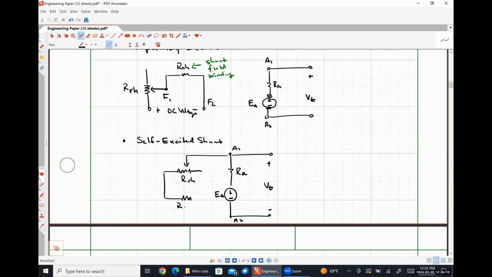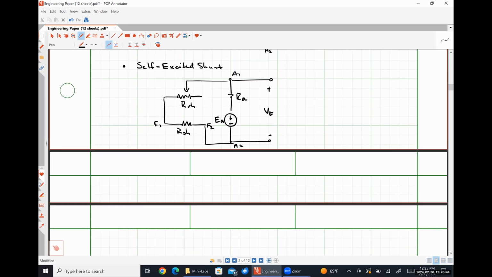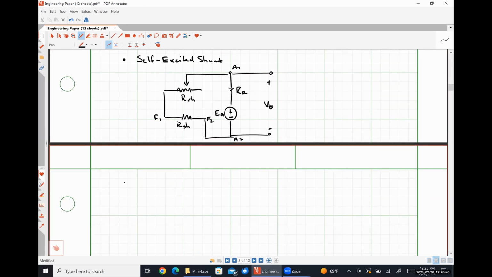This is our shunt field winding. And we connect things like so. And this is terminal F1, and this is terminal effectively F2. Then we have self-excited series connection.